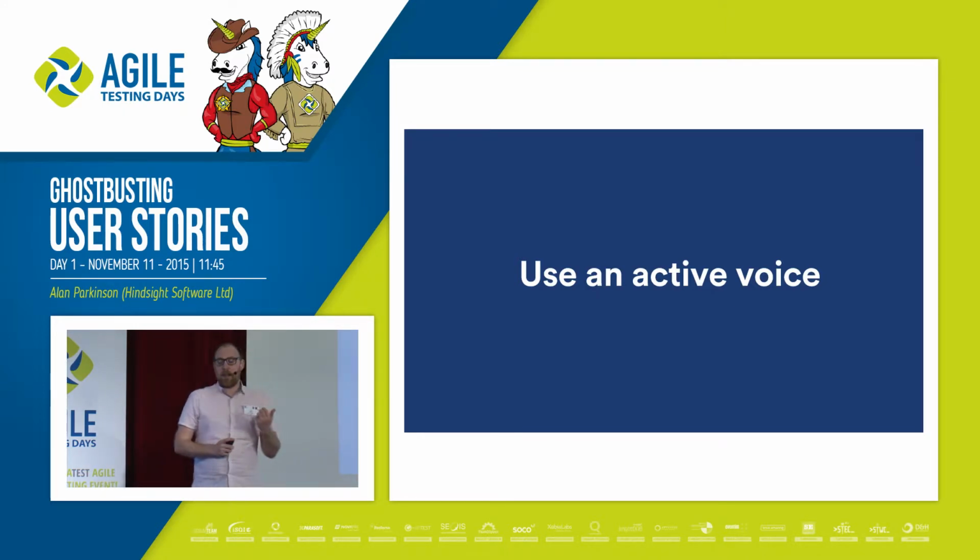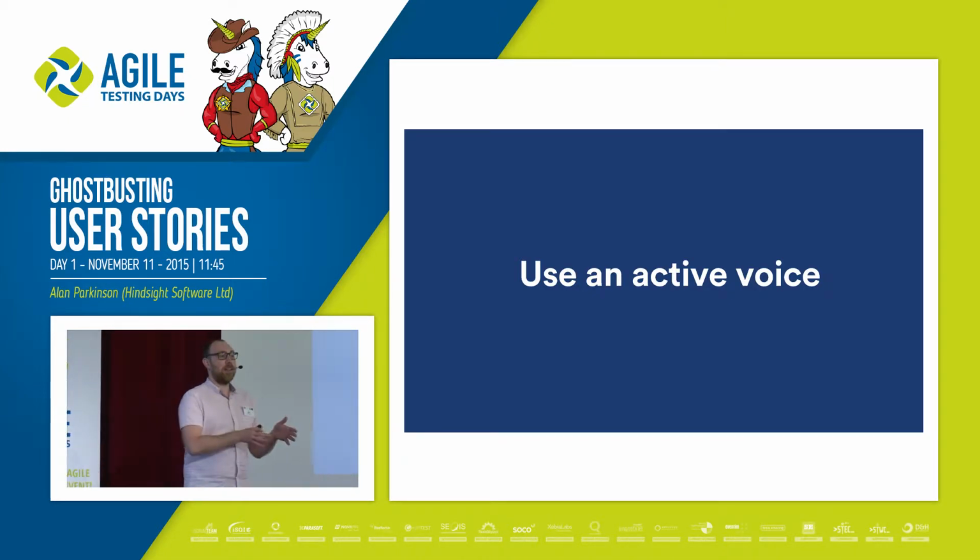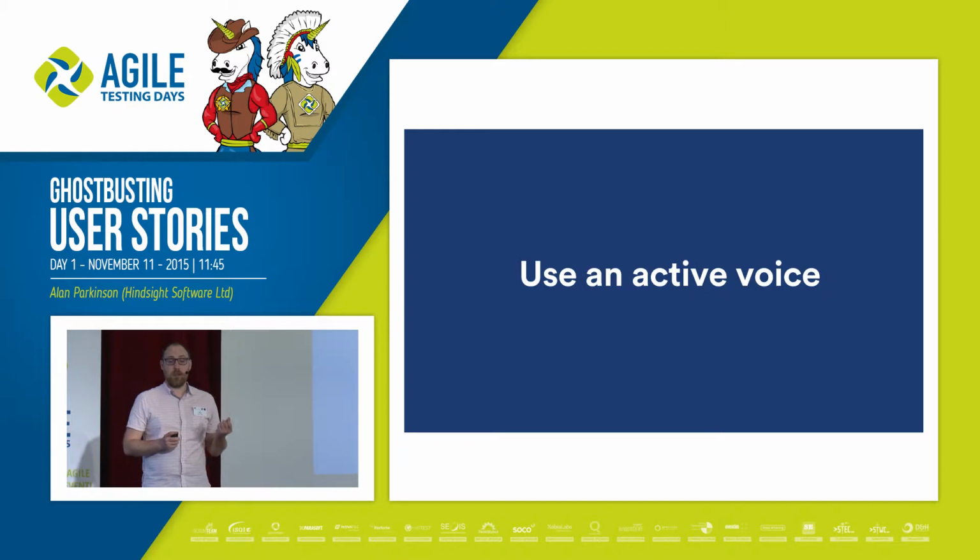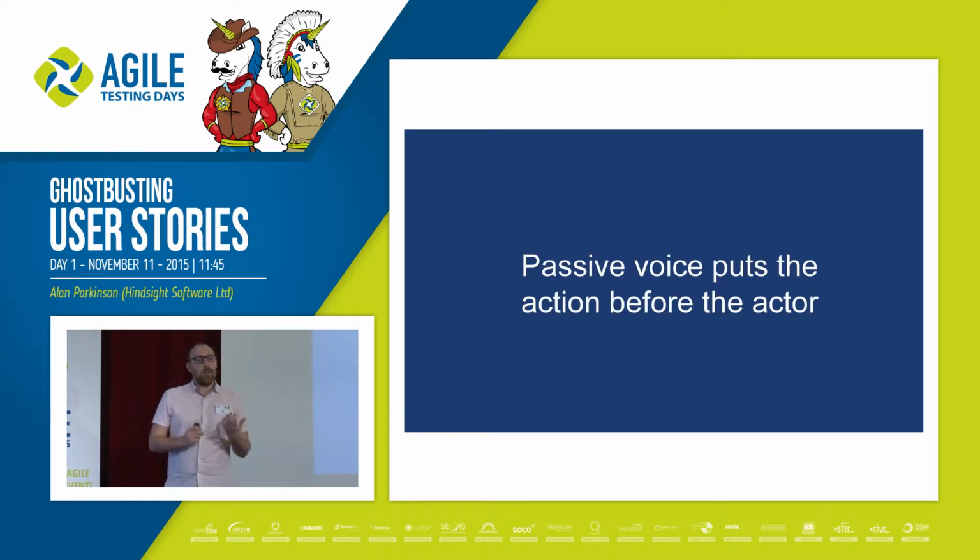So active voice and passive voice are just two different styles. And journalists from the US and the UK both use different styles. In US journalism, they use an active voice. Now, I'm just going to show you the difference. So the passive voice will put the action before the actor.